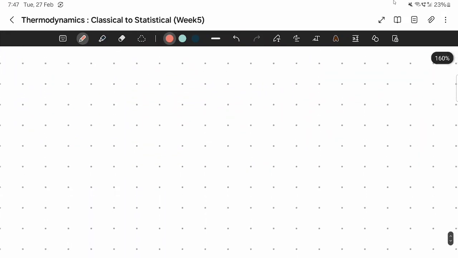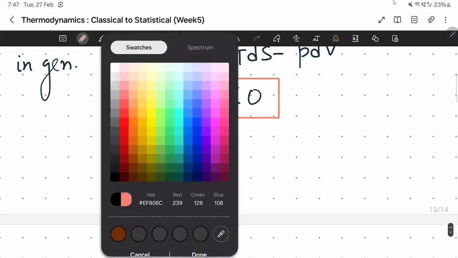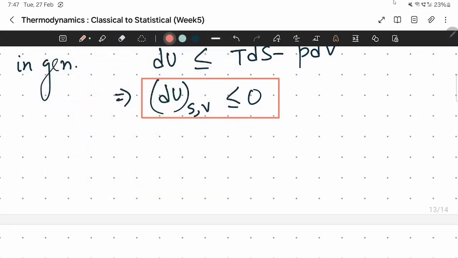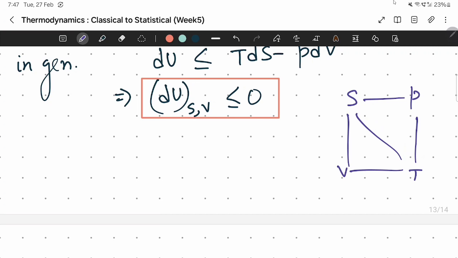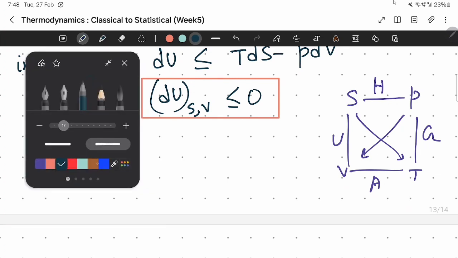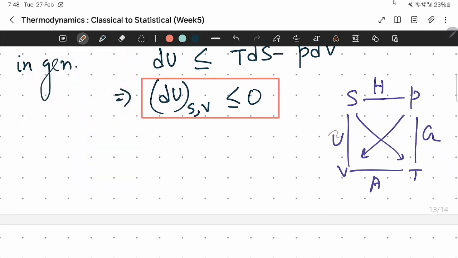But there is a trick. We don't need to do all these steps again and again. We know our Maxwell square. This is a very important trick, this square trick. How can we write it? Directly seeing the square, U is connected with S and V. So del U at S and V should be less than 0.